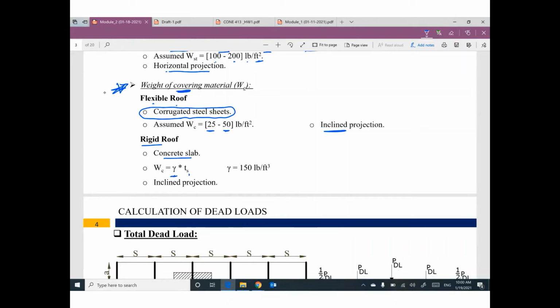Gamma of concrete, do you remember last semester? Gamma of concrete equals 150, and t is the thickness of the slab. And this weight can be considered inclined projection.